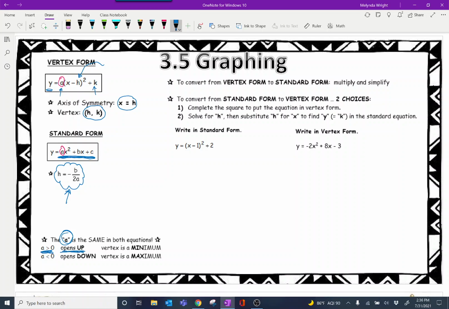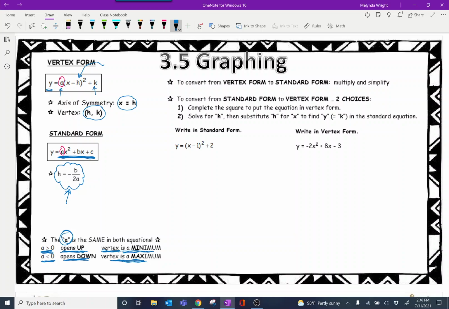What I mean by it is the parabola opens up, and the vertex for that particular quadratic is a minimum value. If a is less than 0, or negative, the parabola opens down and its vertex is a maximum value.